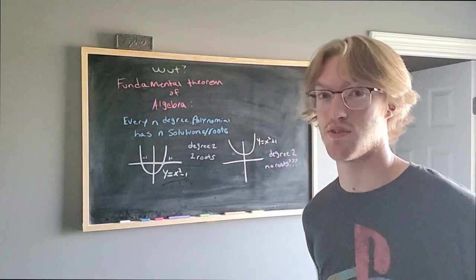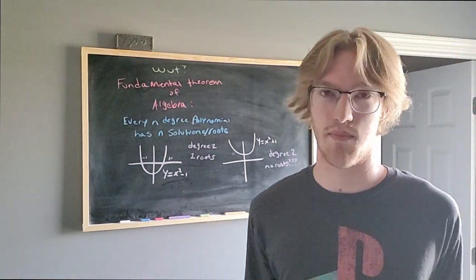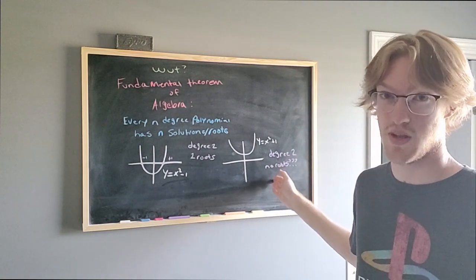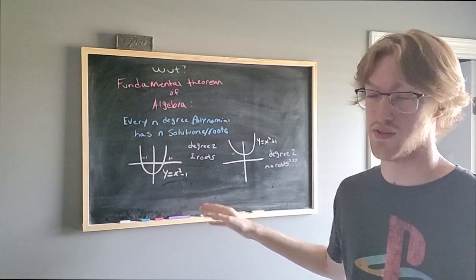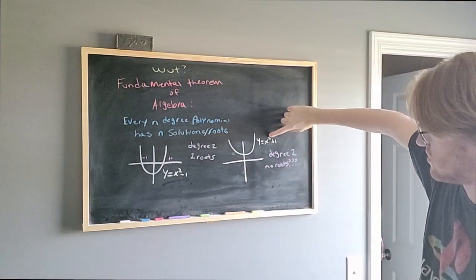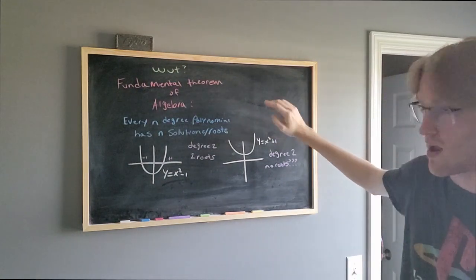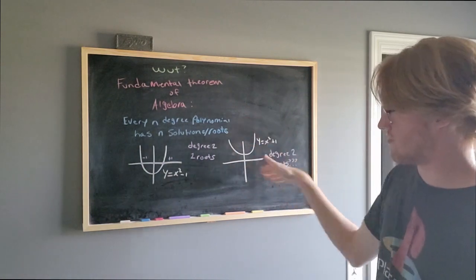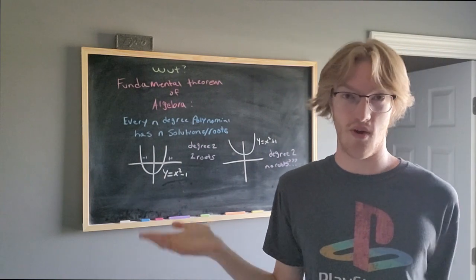But the contradiction, the little spooky bit that made mathematicians angry for a while, was this equation right here: x squared plus 1. Slightly different from the other example, but this time it's of degree 2, so we'd expect it to have two solutions, or intersect the x-axis twice, but it doesn't. It's always above it. So what's going on here?